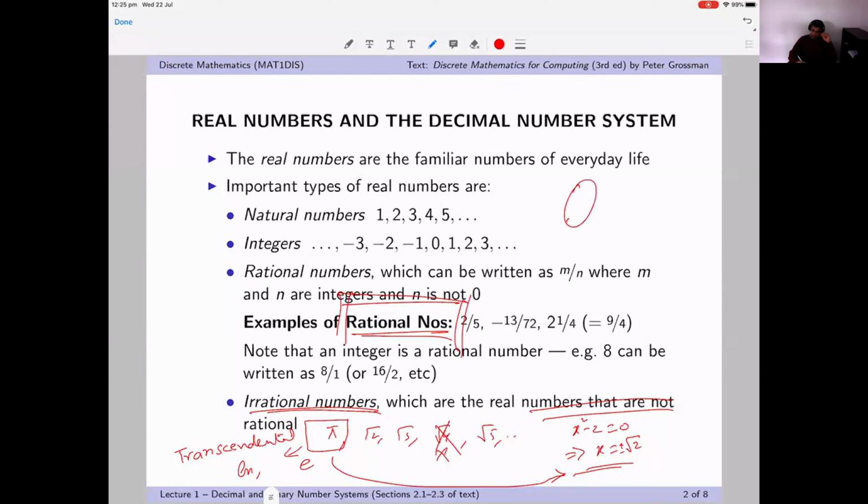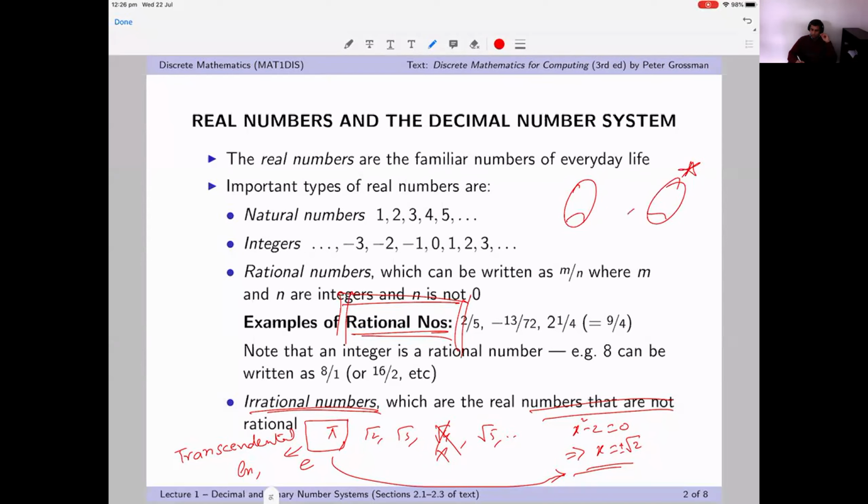So let me call rational numbers Q and irrational numbers Q star. Some of you would think that the rational numbers are more than irrational numbers, but that is actually not true.